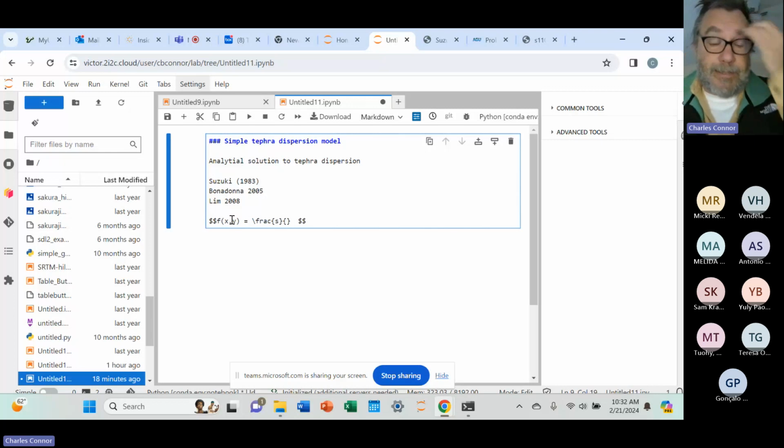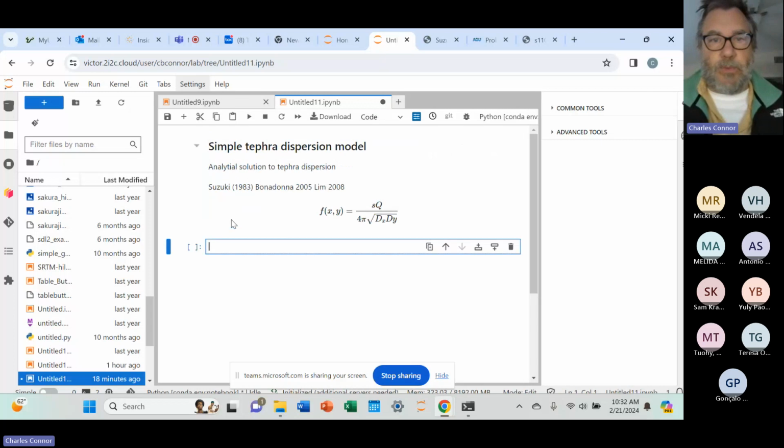I'll just call it S in this equation. And the amount of mass released into the atmosphere, my source term. And then the denominator was 4 pi, and then the square root of dx and dy. So let's just run that, see what we got.